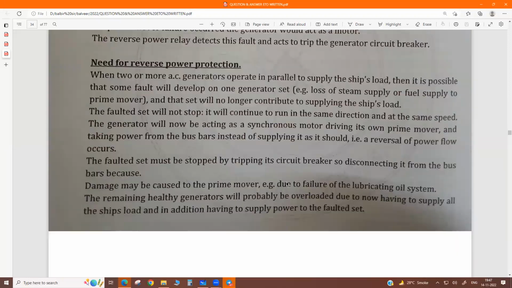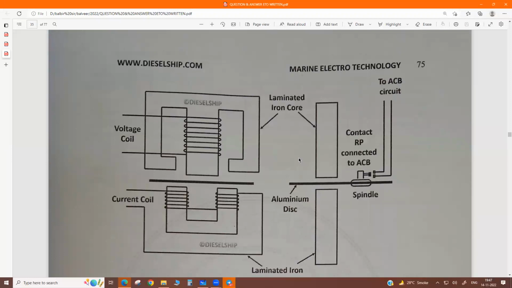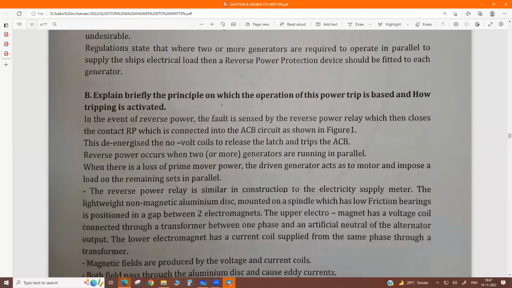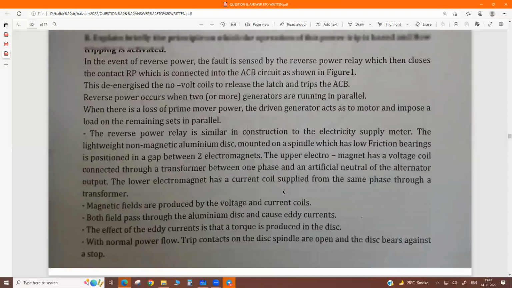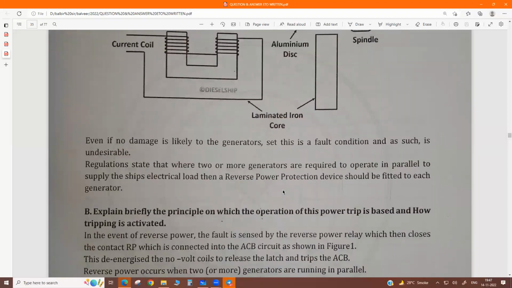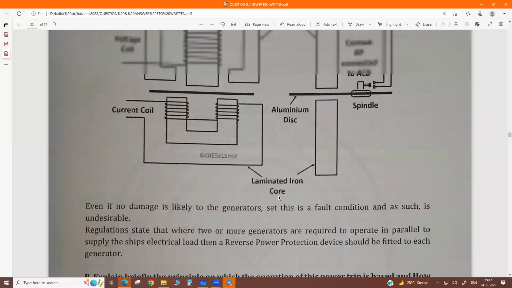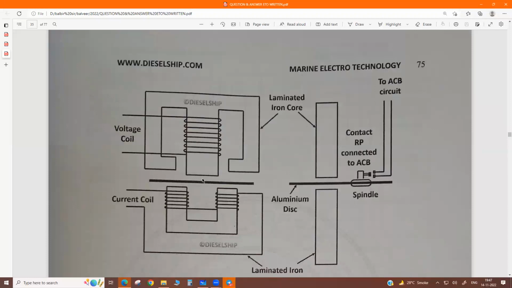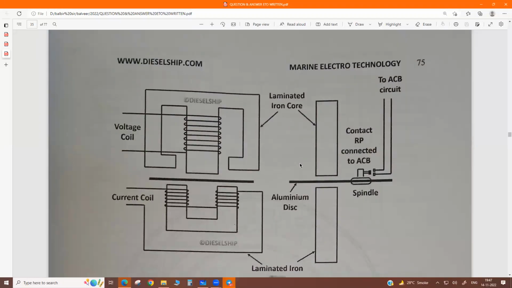So it is an induction type, disk type relay. Actually, it is just like when we change the direction in a single phase motor. Same, when reverse power flows, the current in the CT is changed, then the disk rotates in the opposite direction and gives the trip command to your breaker.